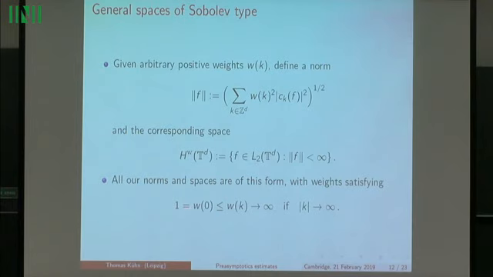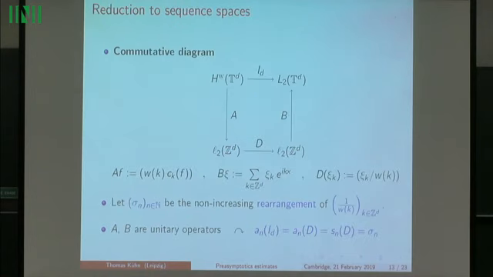They are normalized so that at 0 the weight is 1 and all our weights are bigger, and if the frequency vector tends to infinity, then the weights tend to infinity. And this ensures that we have always a norm 1 embedding from this space into L2, and this embedding is compact.